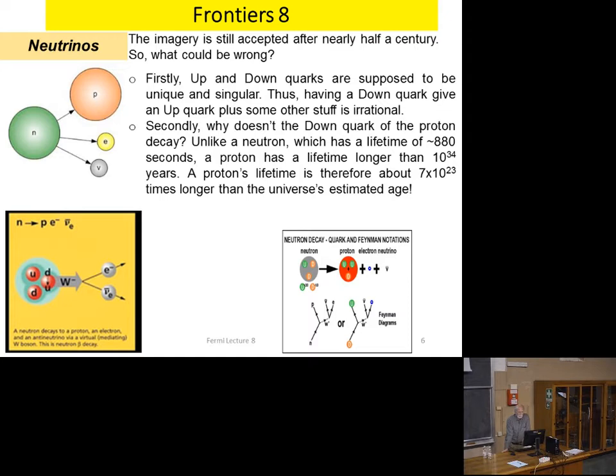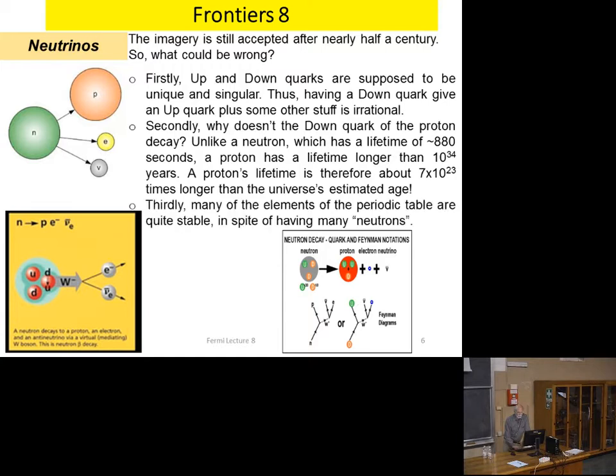The lifetime is something like 10 to the 23 times or 10 to the 24 times the lifetime of the whole universe. And it's at least 10 to the 35 seconds. And yet we have a neutron that has a lifetime that's tangible. It's 880 seconds. So that's kind of a puzzle that we have to understand.